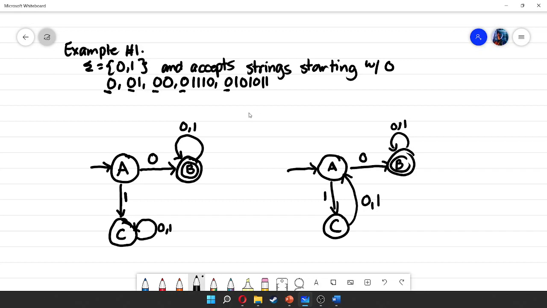Let's just say nga ang imong input string kay 100. Okay. So, let's start with state A. Okay, let's start with state A, and then on read nimo sa symbol nga 1, you go to state C, di ba?